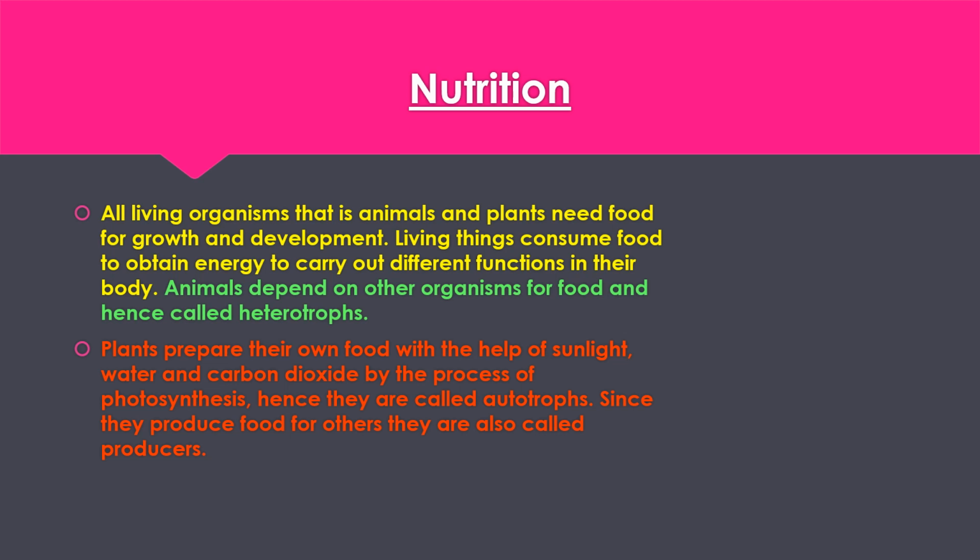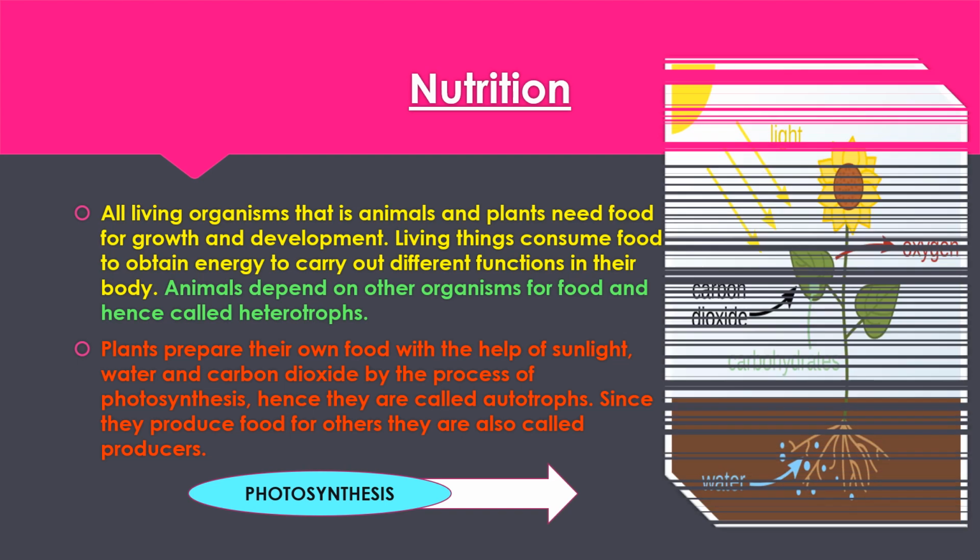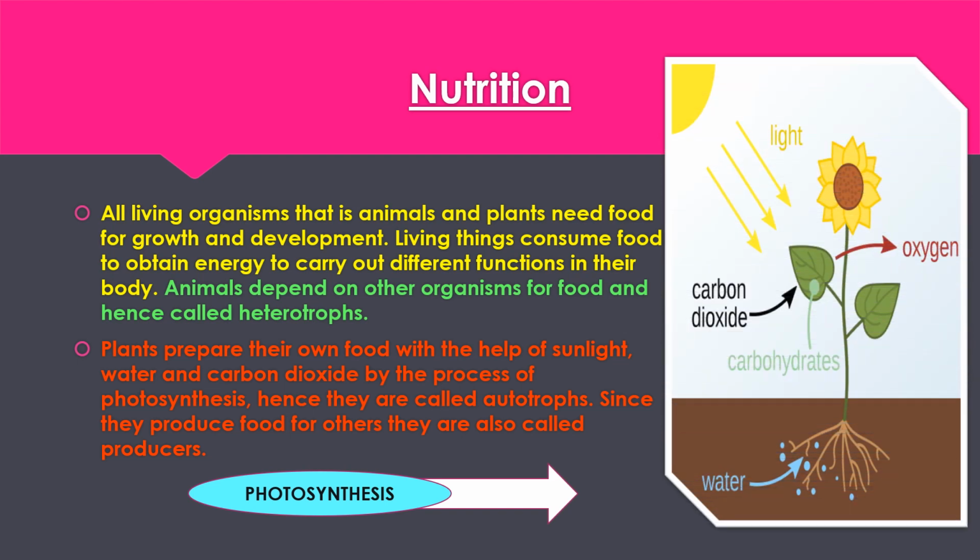Hence they are called autotrophs. Since they produce food for others, they are also called producers. This image is showing you the process of photosynthesis that is taking place in plants.